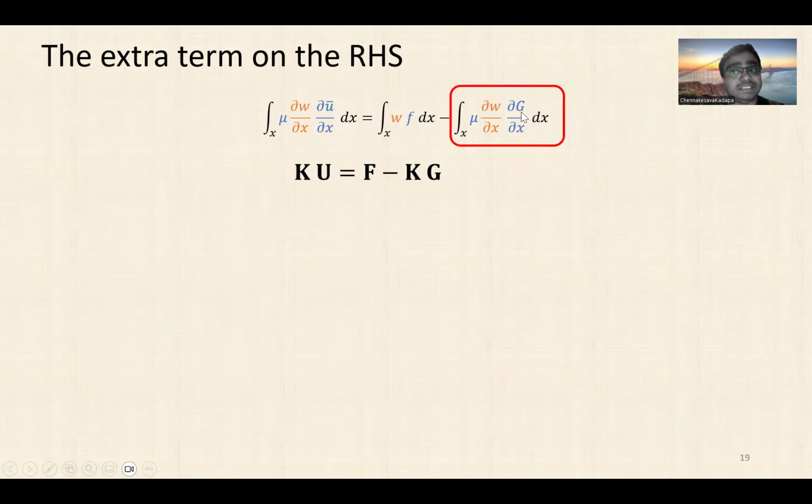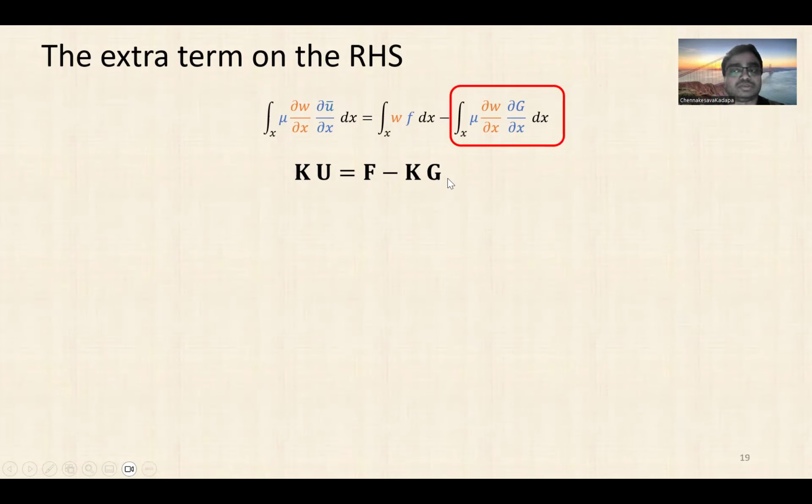Similarly, we discretize g, so g is discretized like u bar. After rewriting it in compact form, we get K u equal to F minus K g. The boldface G is the vector of degrees of freedom corresponding to g.